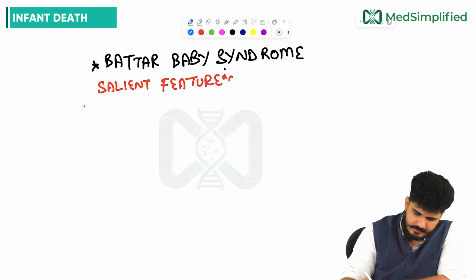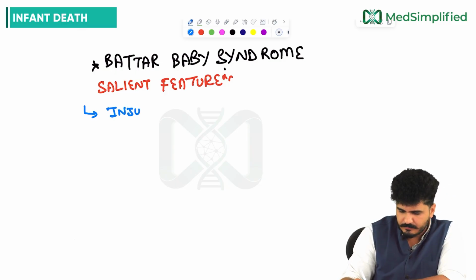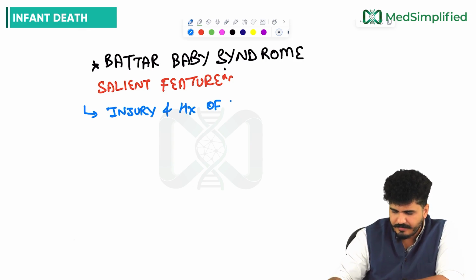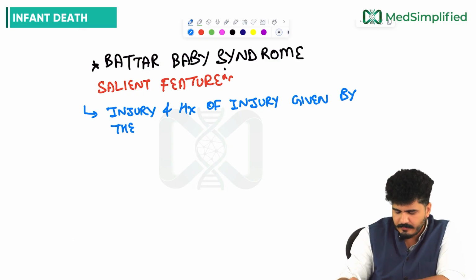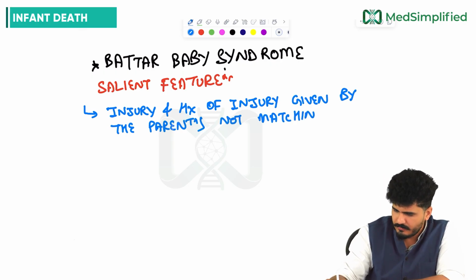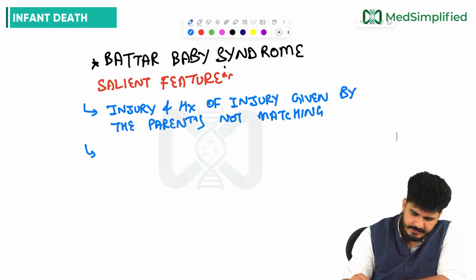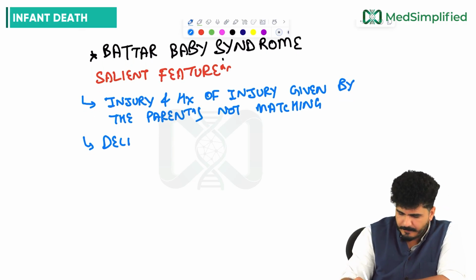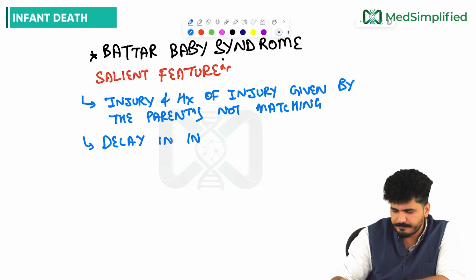First of all, the injury and the history of injury given by the parents are not matching. Other than that, there is delay in seeking medical attention for the injury.